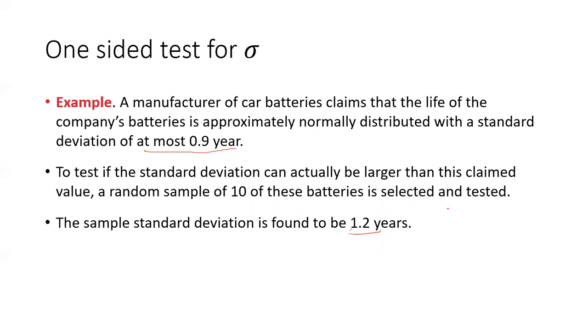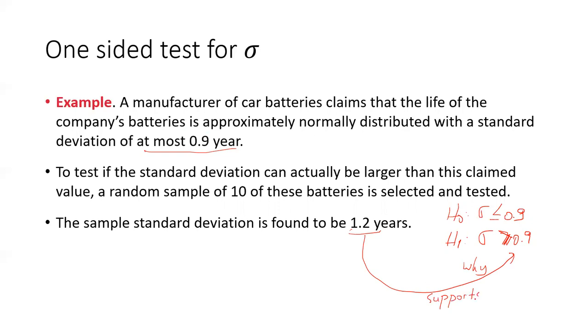So what I'm testing is H0: sigma is smaller than or equal to 0.9, versus H1: sigma is greater than 0.9, not greater than or equal to 0.9. Again, why? Because this evidence supports the alternative hypothesis.